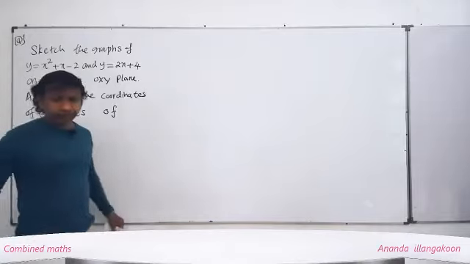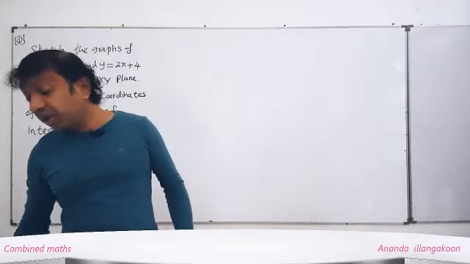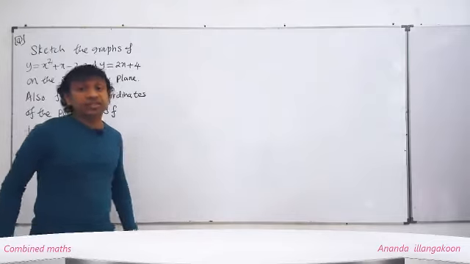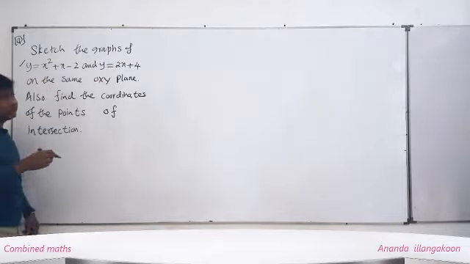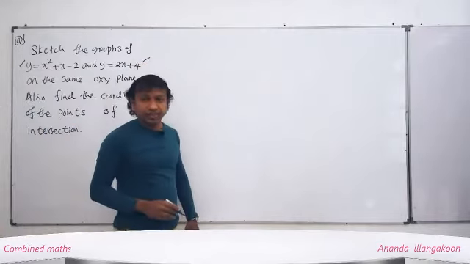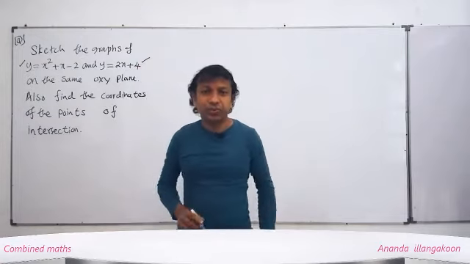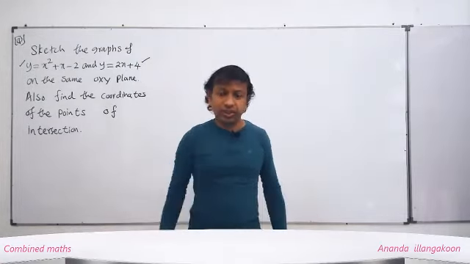Right. People, you know, at the very beginning of this quadratic equation lesson, we discussed how to draw this kind of quadratic graph. Just now we discussed, people, how to draw this kind of straight line. Now I think within a very short time, people, you can draw both graphs in the same diagram. First draw this one, people. I'll give 5 minutes.